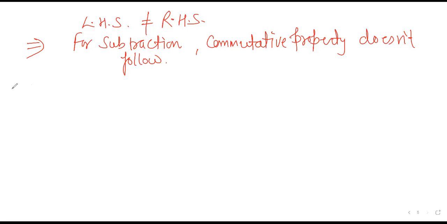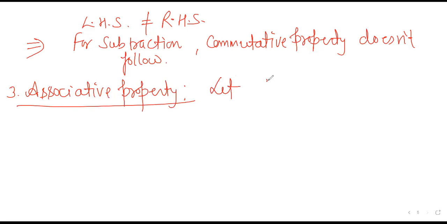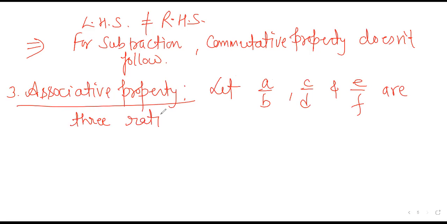Now coming to the third, that is associative. Let a upon b, c upon d, and e upon f be three rational numbers. Then what this property says, you can write down the pattern.